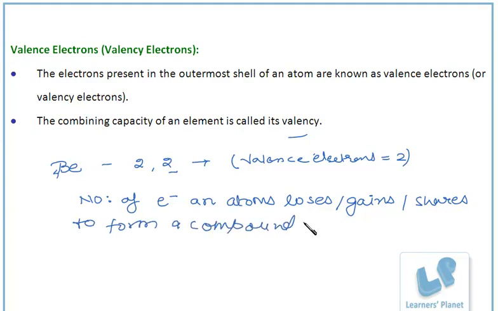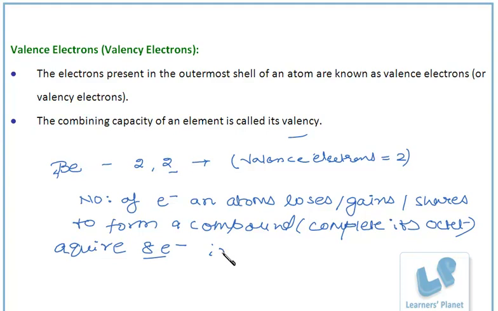Or we can say, in order to complete its octet, which means in order to acquire 8 electrons in the valence shell. So that is the combining capacity of the element.